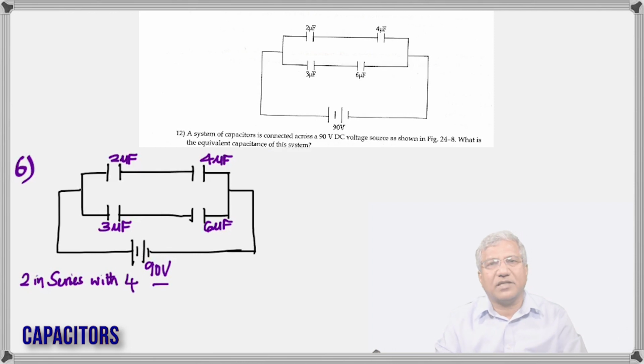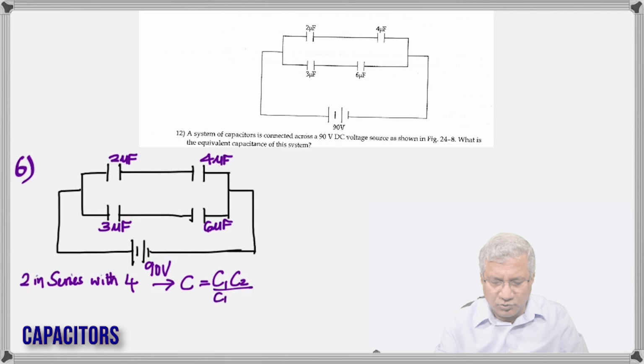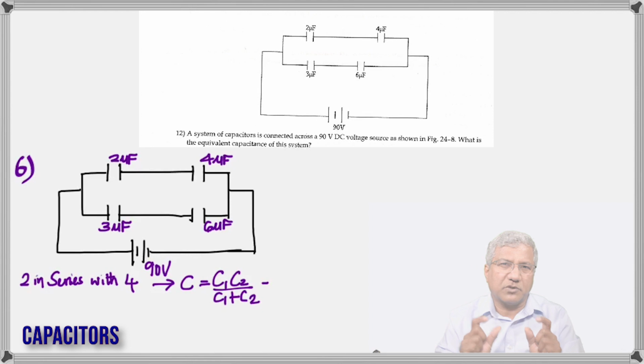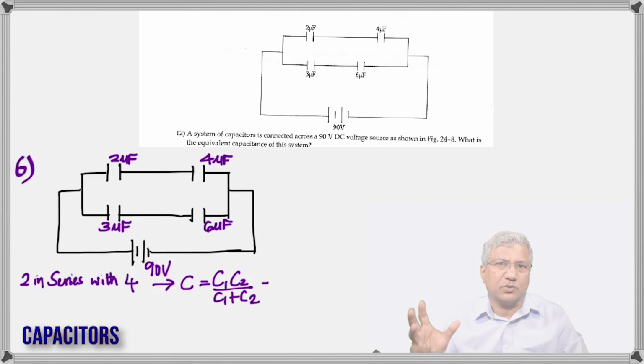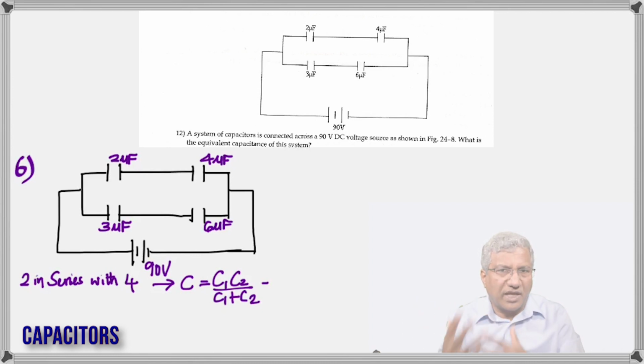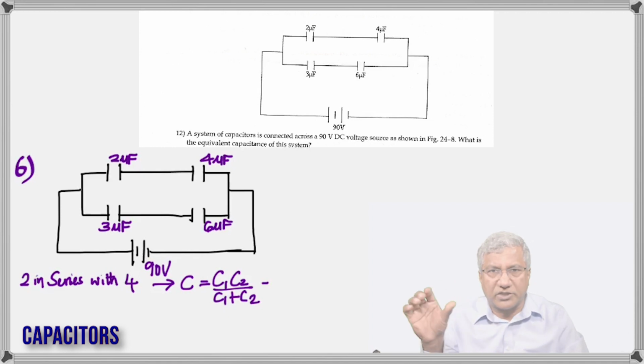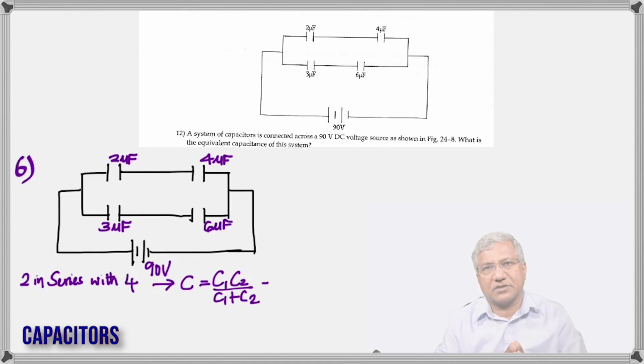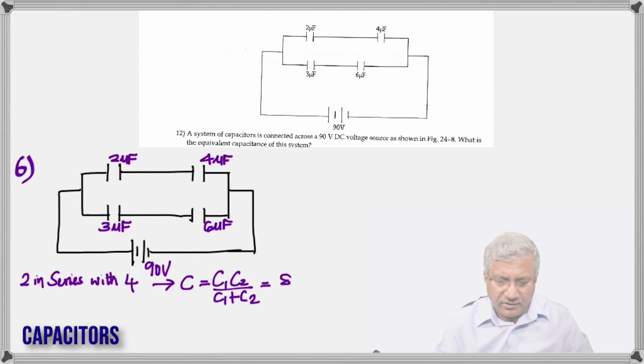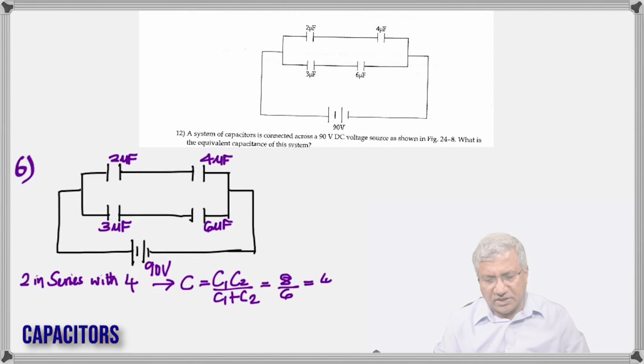I'm actually writing it down so you understand, which means C is C1 C2 by C1 plus C2. That's a shortcut that you could use, but it only works for 2 capacitors. Remember, we had to use 1 over C is equal to 1 over C1 plus 1 over C2. But instead of that, we can use C1 C2 by C1 plus C2. Just take the product, divide by the sum, whenever capacitances are in series. That's a shortcut. So that gives 8 by 6.